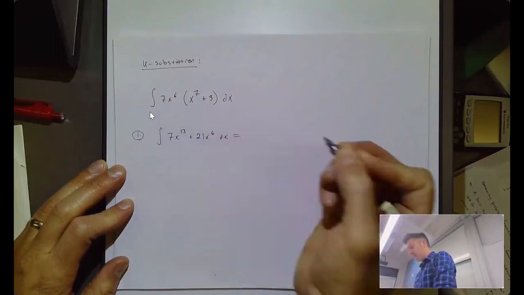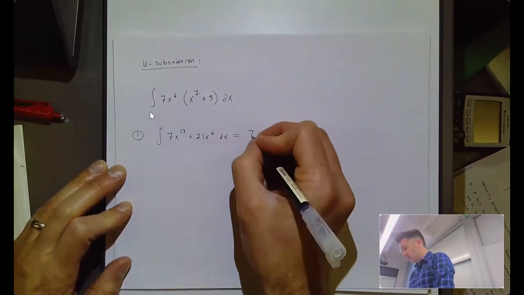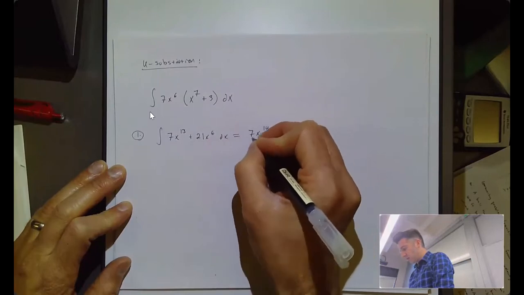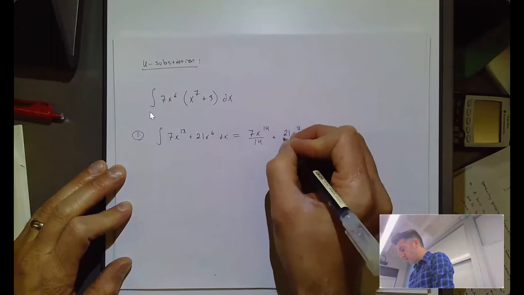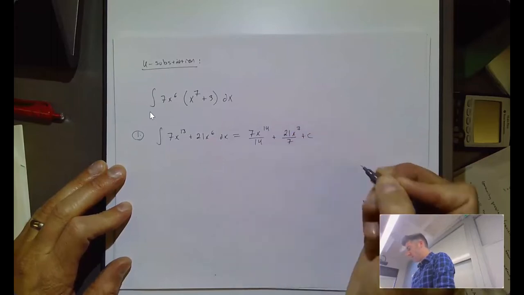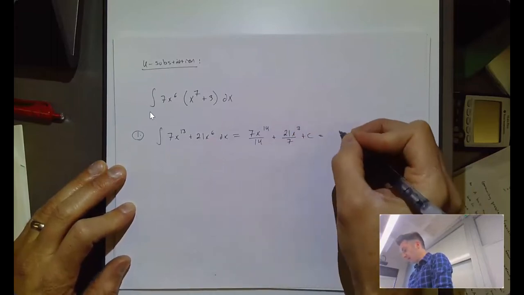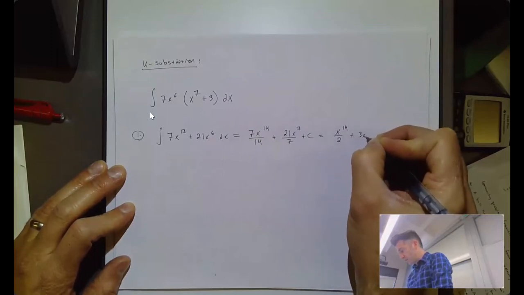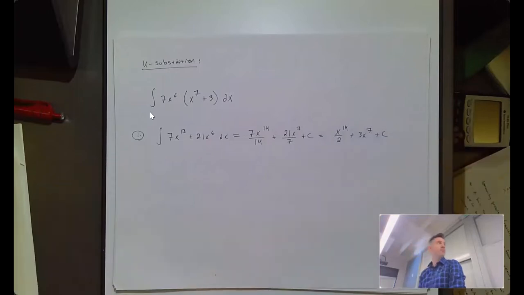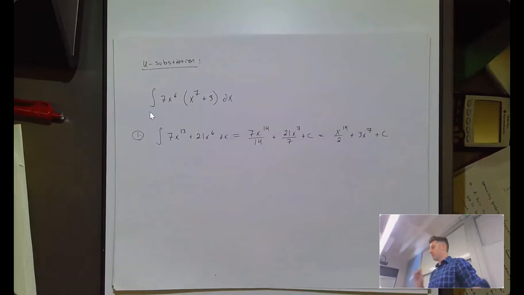When I antidifferentiate that, I'm going to get 7x to the 14th over 14 plus 21x to the 7th over 7. Simplifying a tiny bit, I get x to the 14th over 2 plus 3x to the 7th. Great. You can stop me if you have questions or chime in.